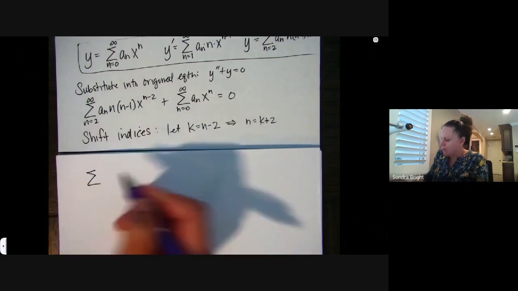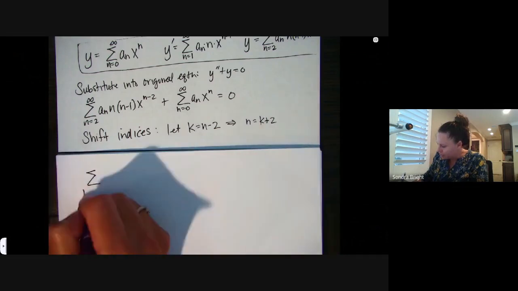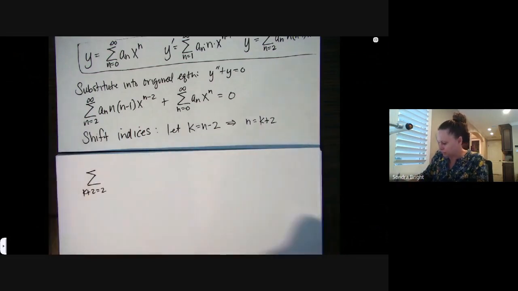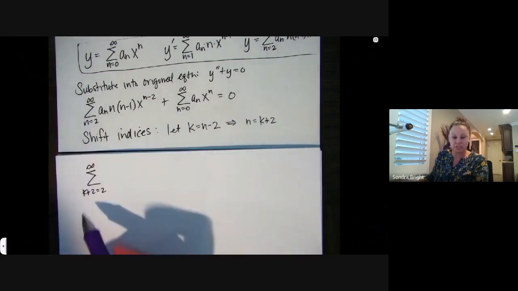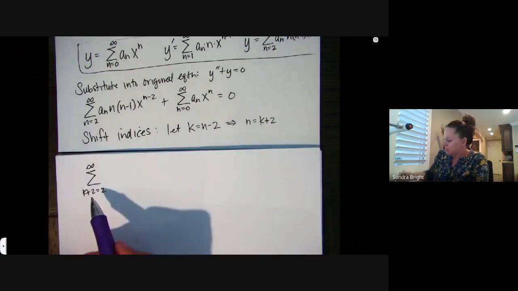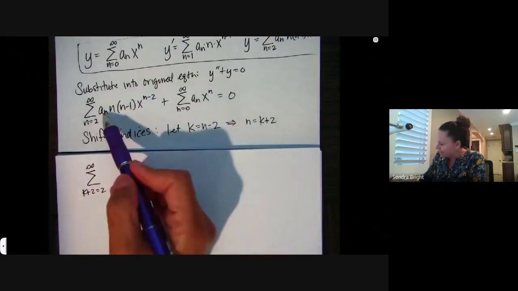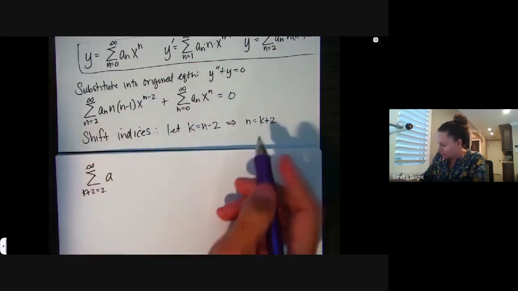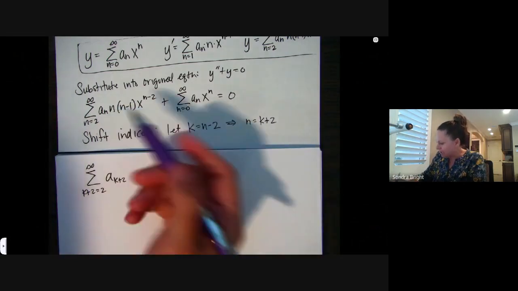So now instead of n equals 2, I'm going to have k plus 2 equals 2 to infinity, which means that's going to be changing to just k equals 0. Instead of a sub n, it'll be a sub k plus 2. Instead of n here, I'm going to have k plus 2.